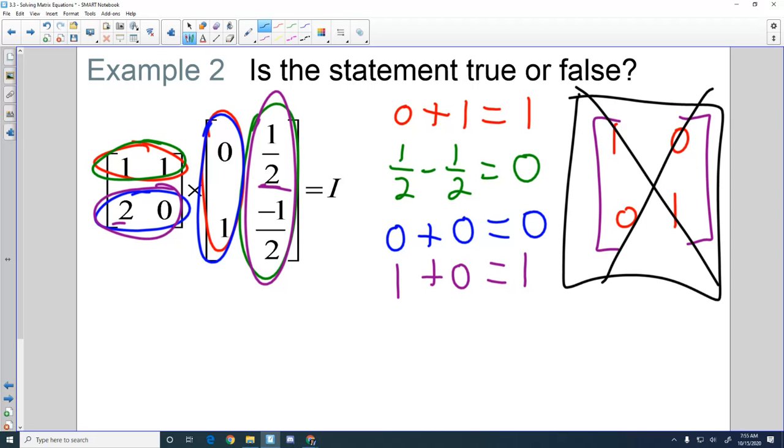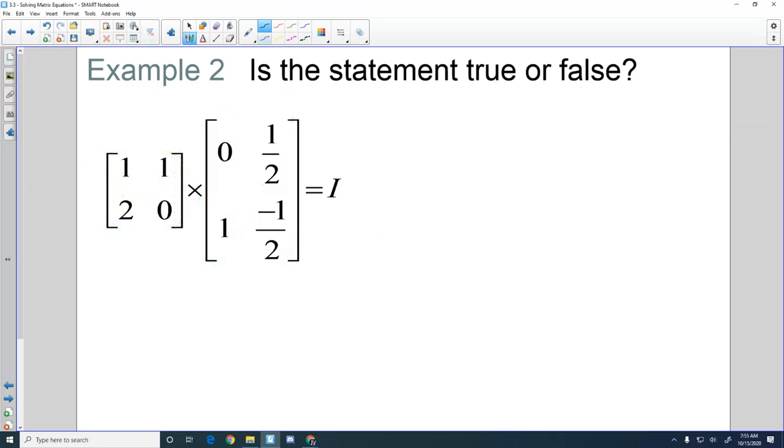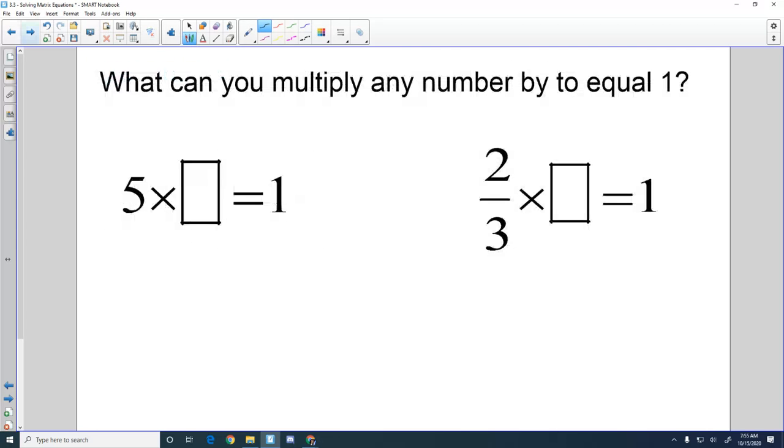And that's how we're going to be canceling things out with matrix equations. So all we have to do then is figure out, all right, how do I find this magical second matrix that will cancel out my first one and turn it into the identity? How do we do that?